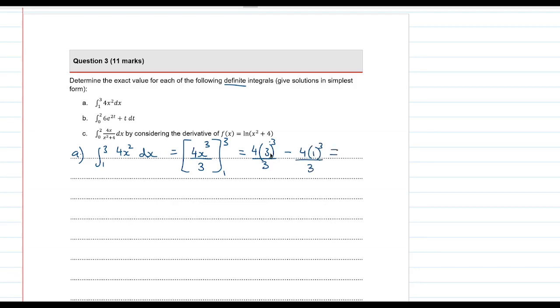That's going to be 27 times 4, which is 108 over 3, minus 4 over 3, which is 104 over 3.